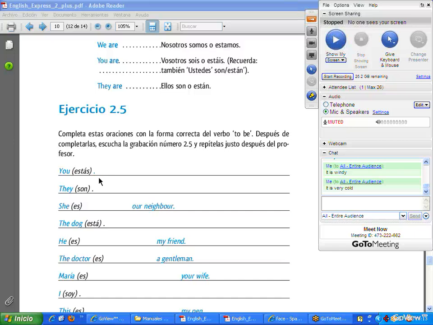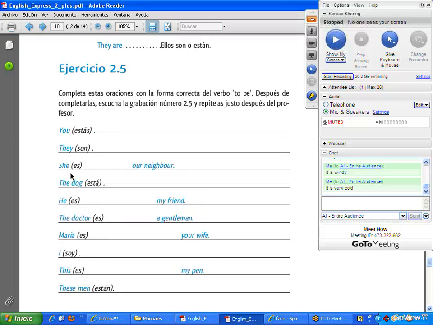Oh, the dog is ¿qué? What do you think the dog is? Old? Viejo. The dog is old. The dog is enfadado. The dog is angry. He is my friend.